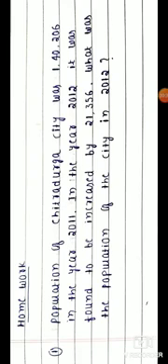Let us take homework for today. First one: the population of Chitradurga city was 1,40,206 in the year 2011. In the year 2012, it was found to have increased by 21,356.